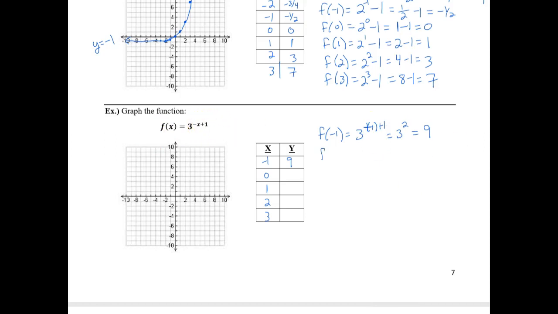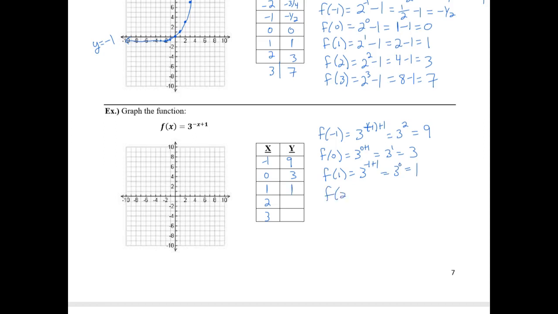Okay, now let's do f of 0. So it'll be 3 to the 0 plus 1, which is just 3 to the first power, or 3. F of 1 would be 3 to the -1 plus 1, which would be 3 to the 0. Anything to the 0 power is 1.